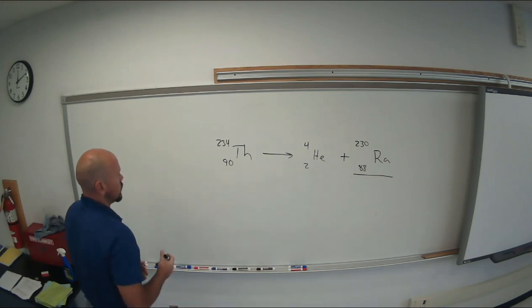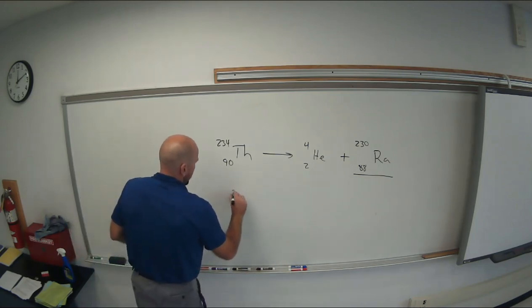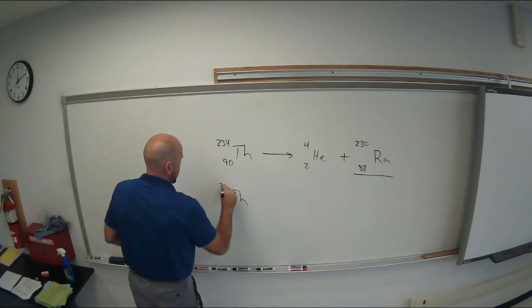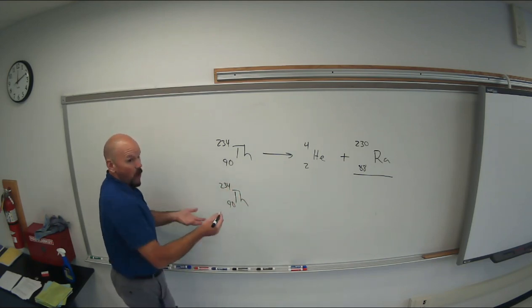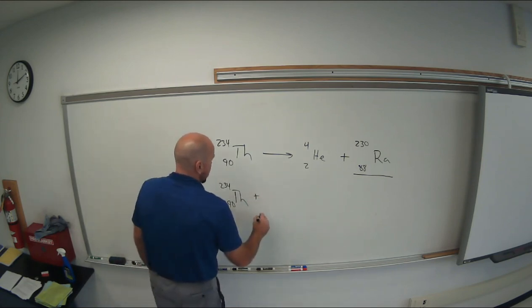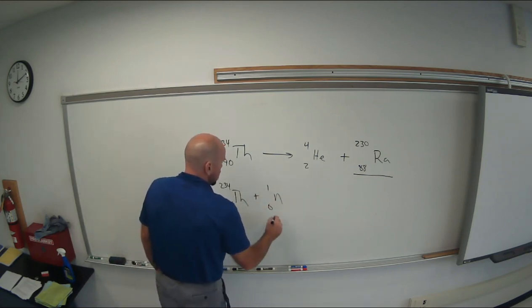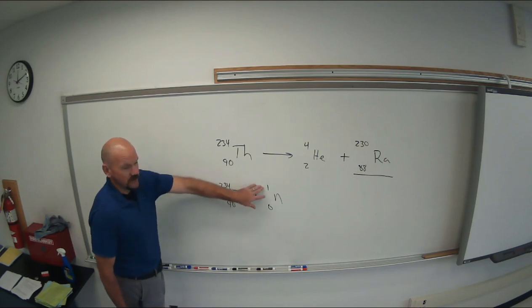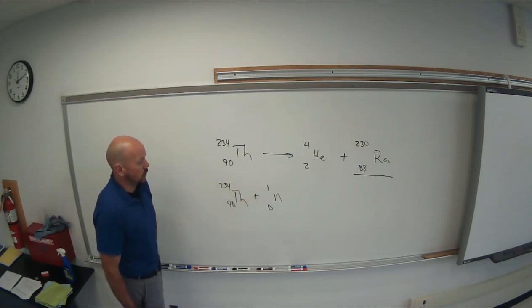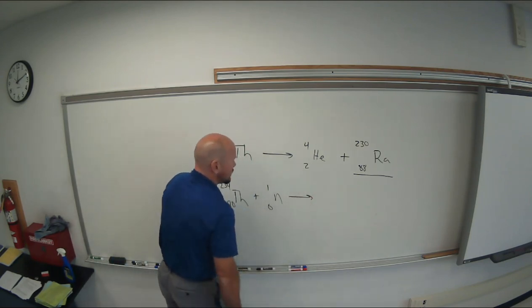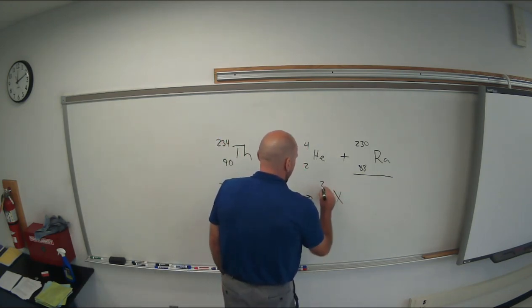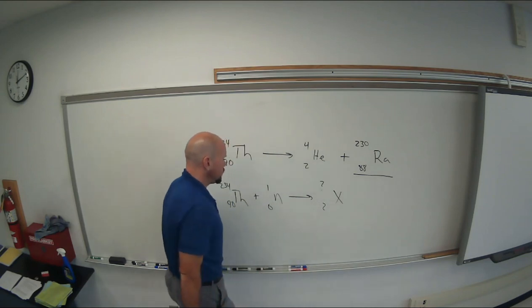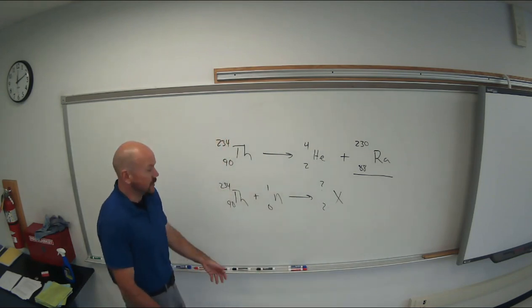So the way that equation would look is I would say, okay, well, my thorium-234 is bombarded with a neutron, then we would say plus a neutron. Okay, so neutron has a mass of 1, charge of 0. And now I'll write my yield sign, and now I'm trying to figure out what this should be. Okay, so I got to figure out that unknown and that unknown.